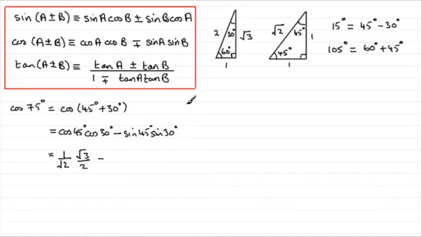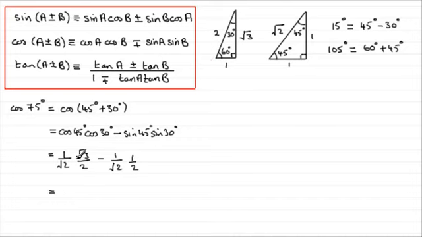Minus sine of 45. If we take this 45, sine is opposite over hypotenuse, 1 over root 2. So we've got 1 over root 2 again. And that's being multiplied by the sine of 30, which is the opposite side over the hypotenuse, 1 over 2, a half.